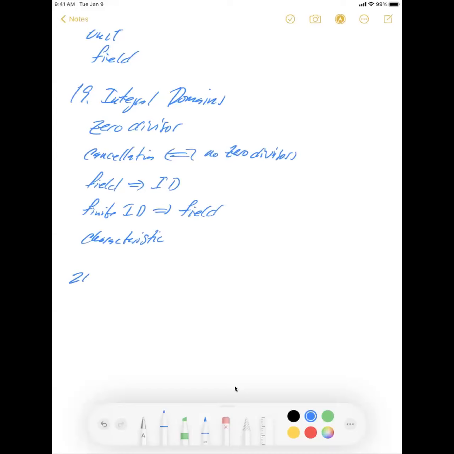Field of quotients, and as before, you just need to know that there is such a thing and what it is, right? It's a set of equivalence classes, which you can then think of as the set of fractions under the usual equivalence relation, right? Two fractions are the same if they're equal, or if you get the same result when you do cross multiplication.